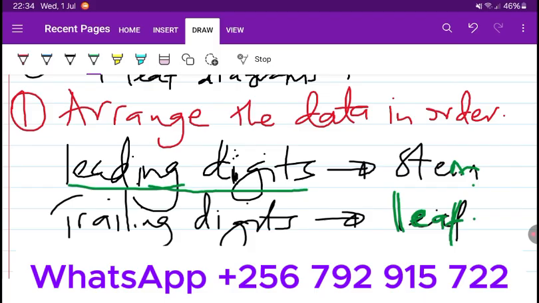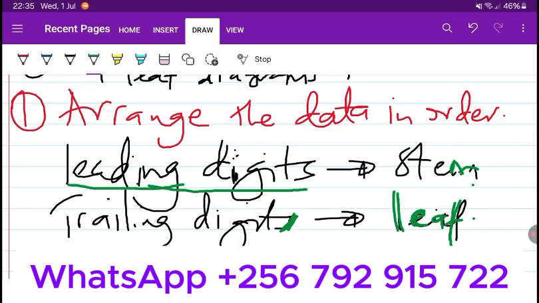For the trailing, we said trailing digit because it's only one. We say it is just a trailing digit because the leaf is only one digit, not a number, but a digit.